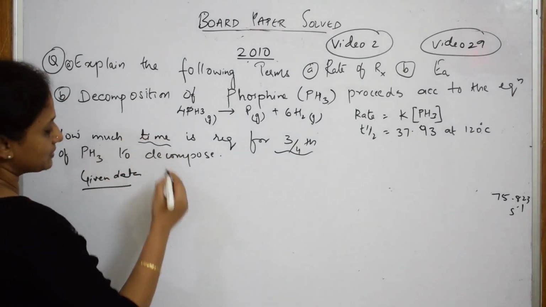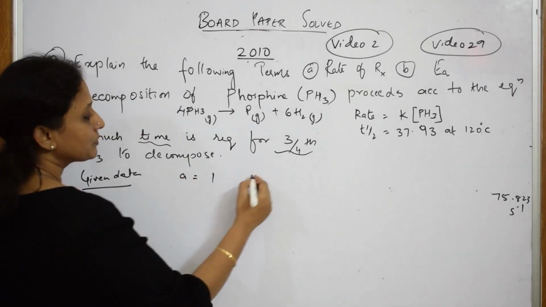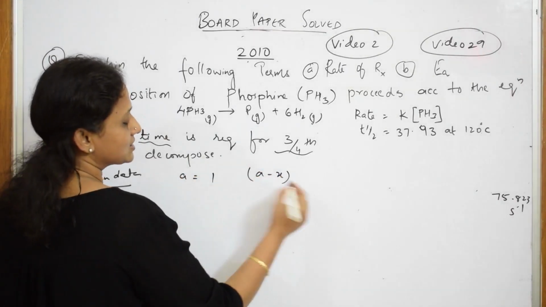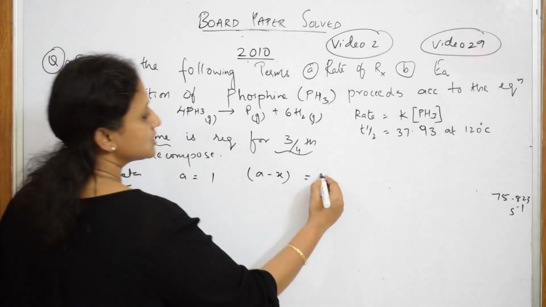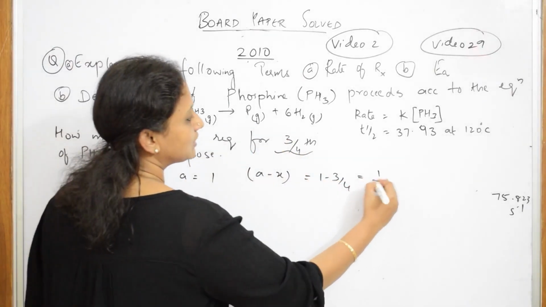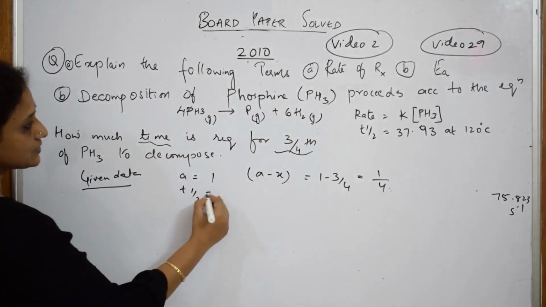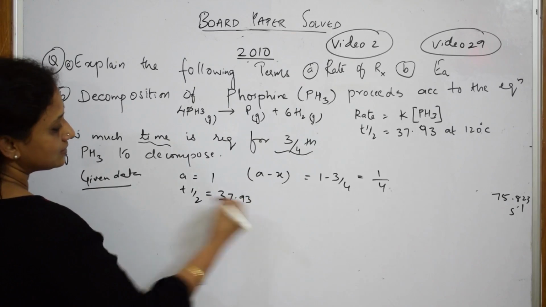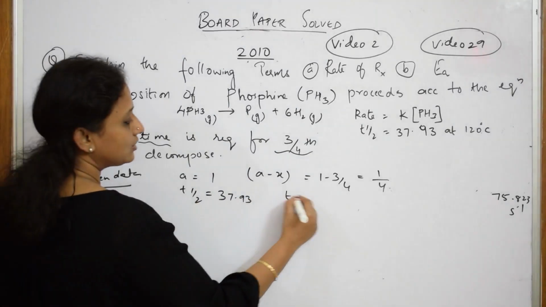Note this, A is equal to 1, basically A minus X is given to us because how much time to decompose the leftover, right? So 1 minus 3/4, this 1/4 part is given to me. What else is given? T half is given to me, 37.93, right? What should I find out? I have to find out T.